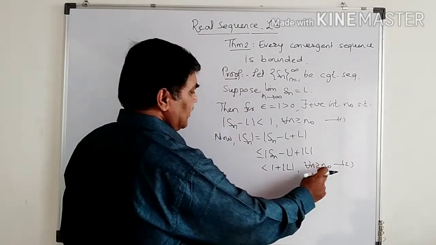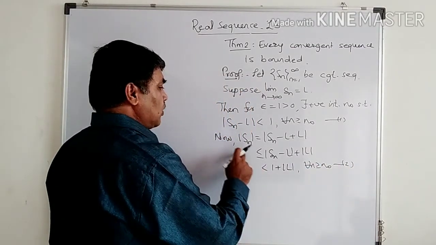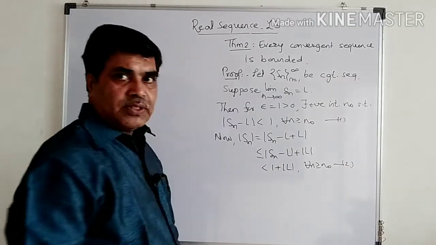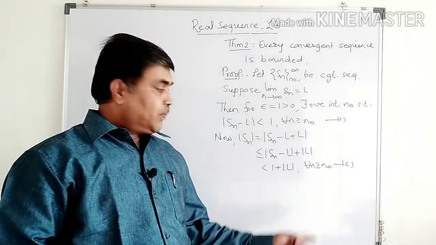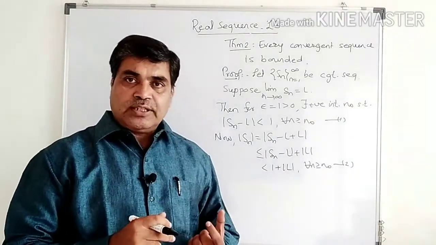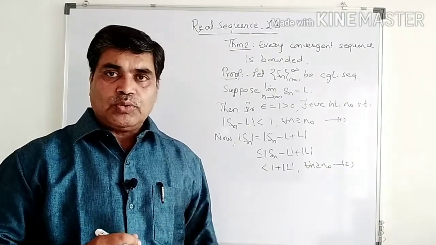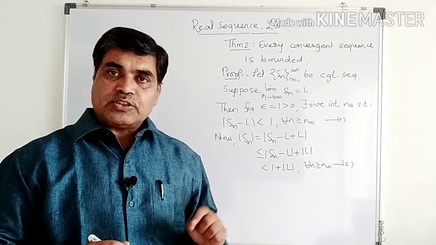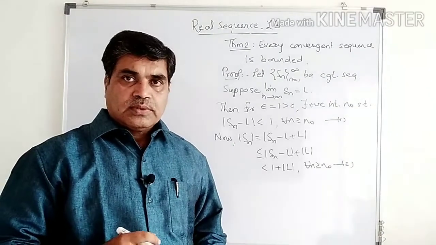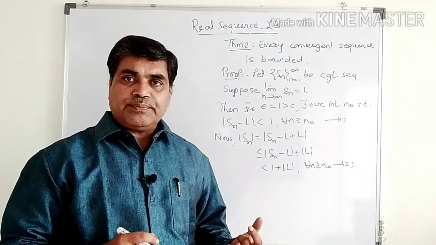So for n greater equal n naught, all Sn's have modulus value less equal 1 plus mod L. Before n naught, we have only the S1 term, S2 term, up to S n naught minus 1. I have to also give some bound for them.